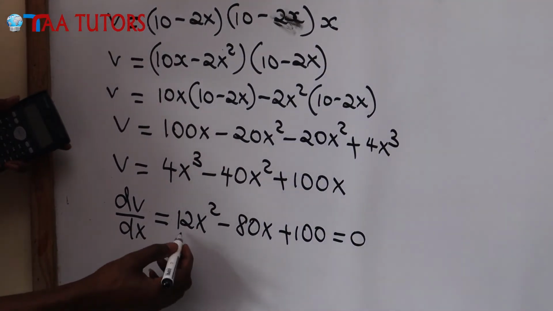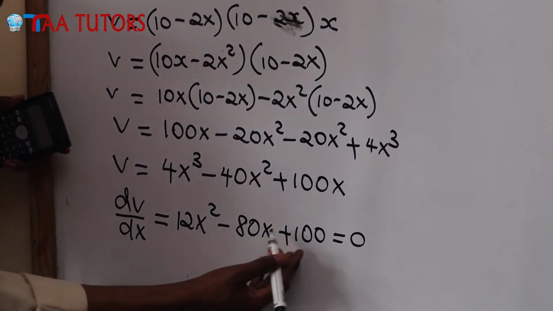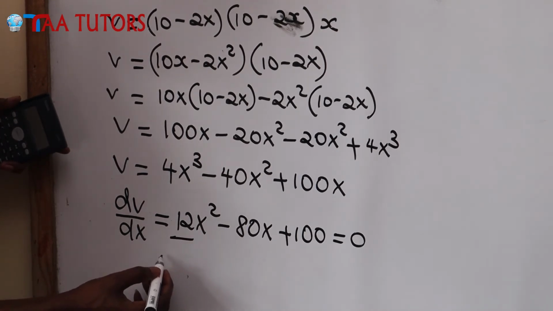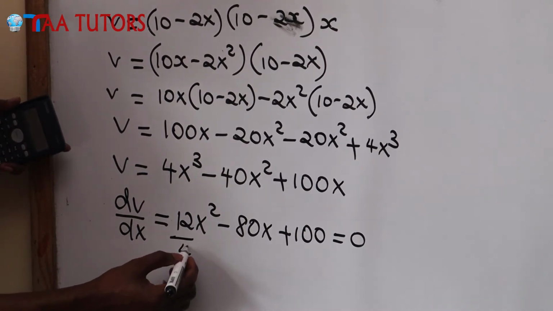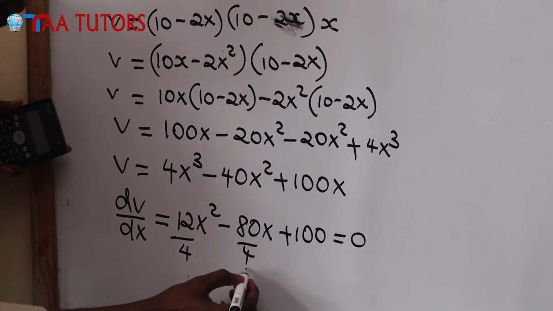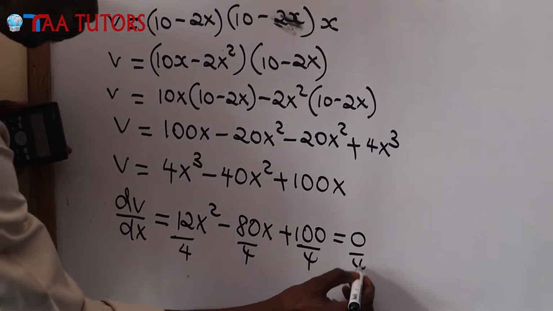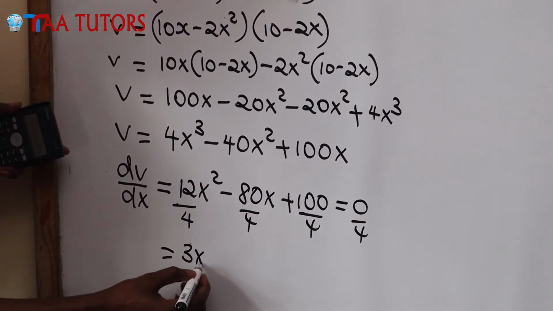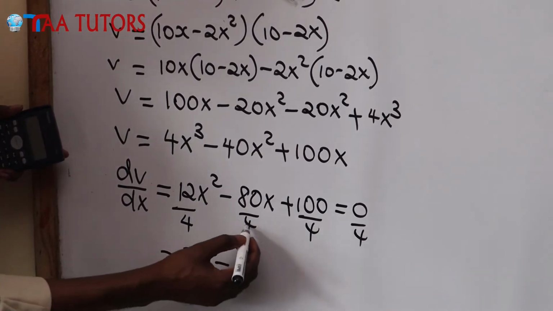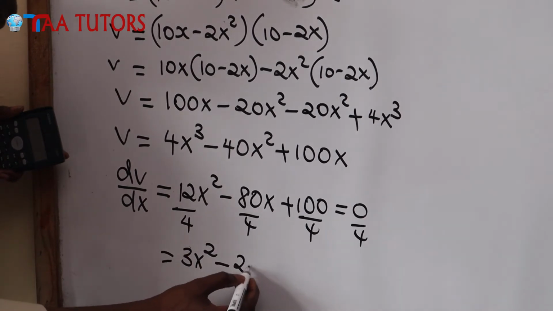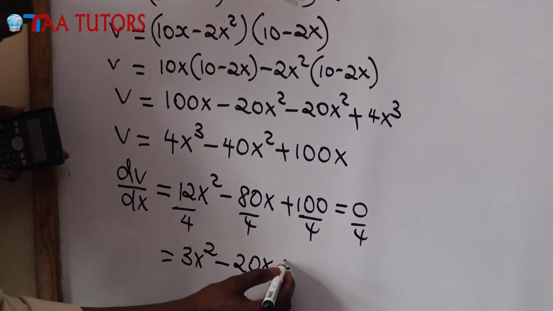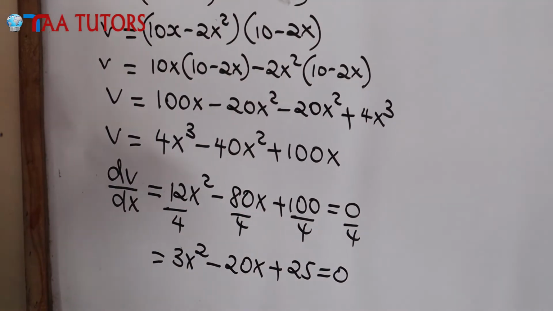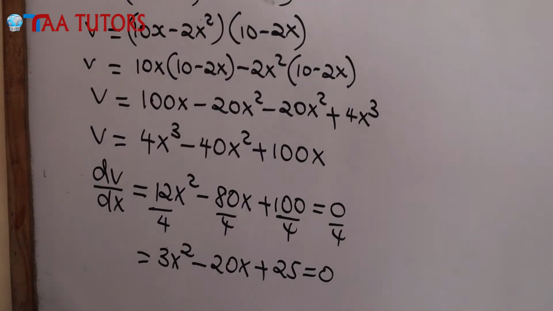So I want to simplify by dividing by 4. So 4 here, 4 there, 4 there, 4 there. So this will be 3x squared minus 20x plus 25 equals 0. So that is what we have.